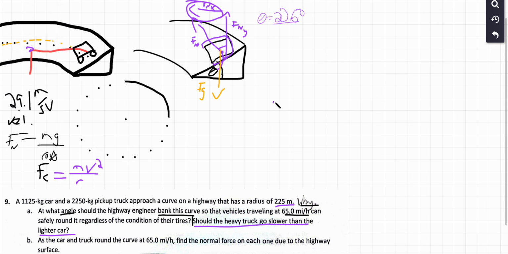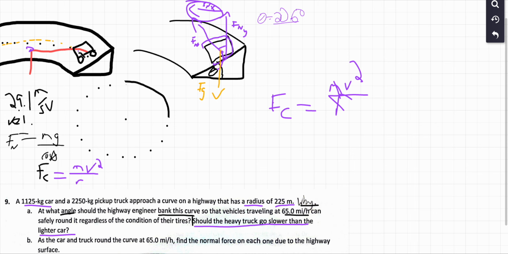Let's look back at our centripetal force: mass velocity squared over r. We have a defined radius and defined masses, so we cannot change either of those two. If you change this velocity, if the heavy truck decides to go slower, then this whole centripetal force thing is going to be completely messed up.